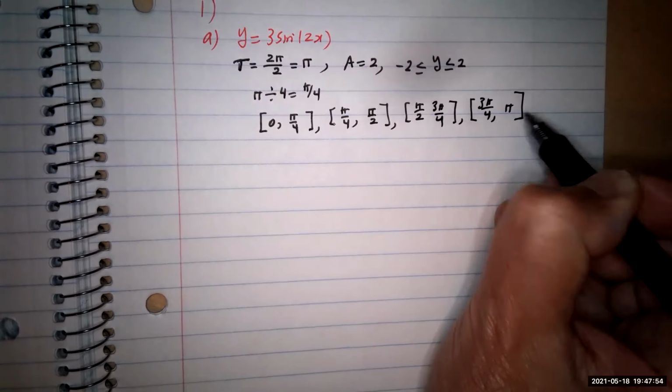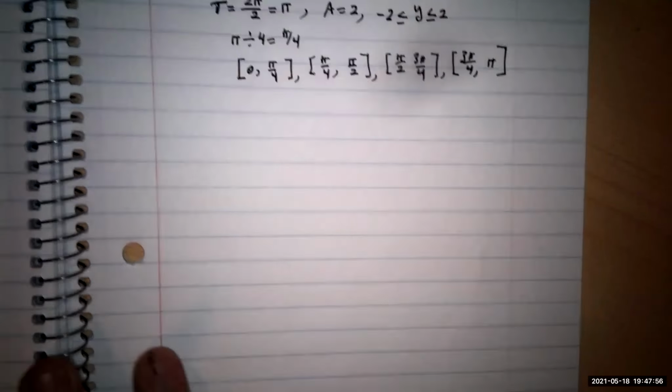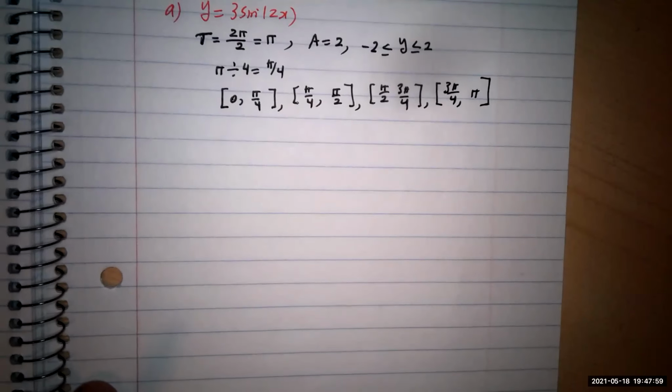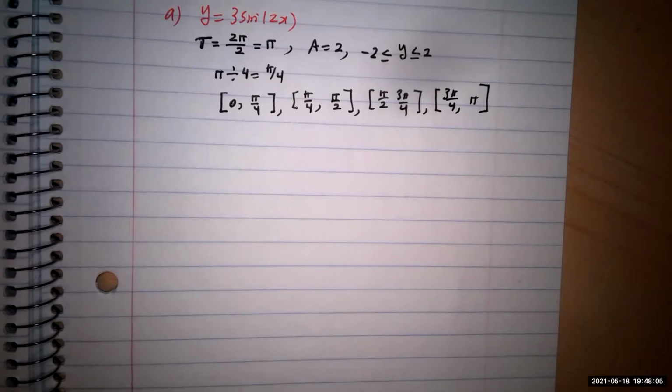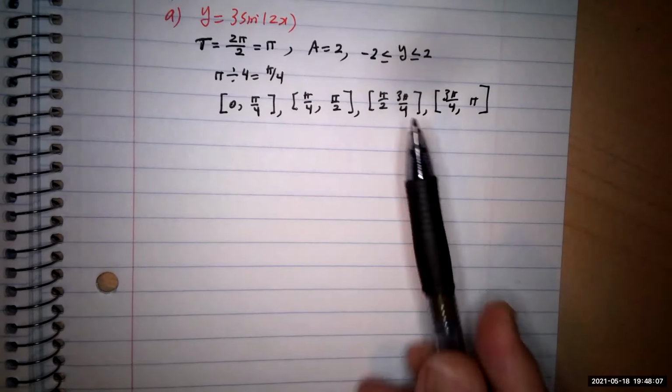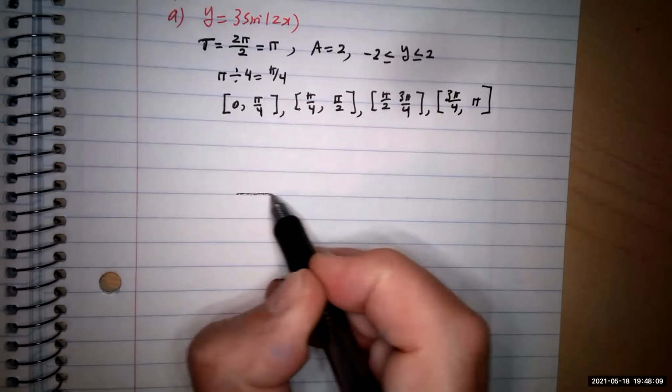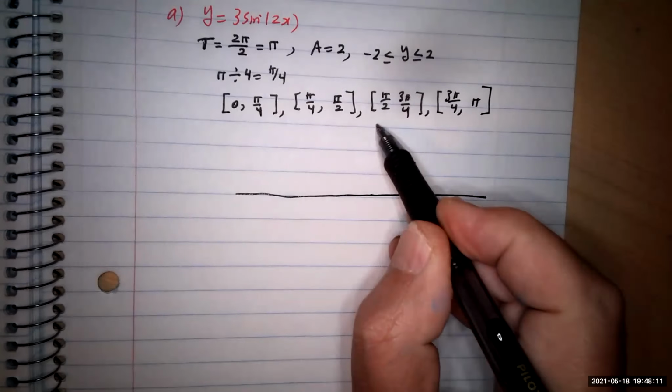This method is the one that we are interested in, because it will be useful for future applications. You can do this type of segmenting on your graph, or they just give you these numbers. So we can locate these numbers for one period.